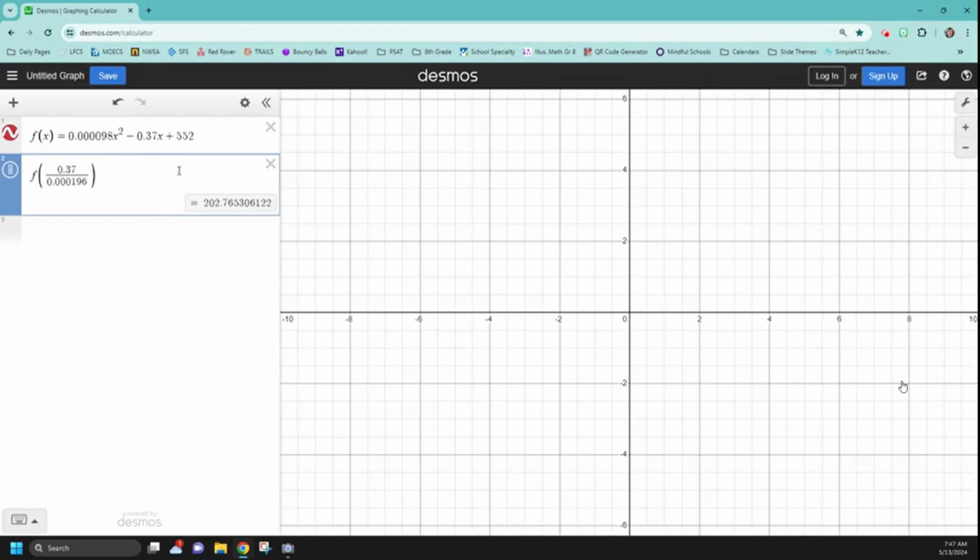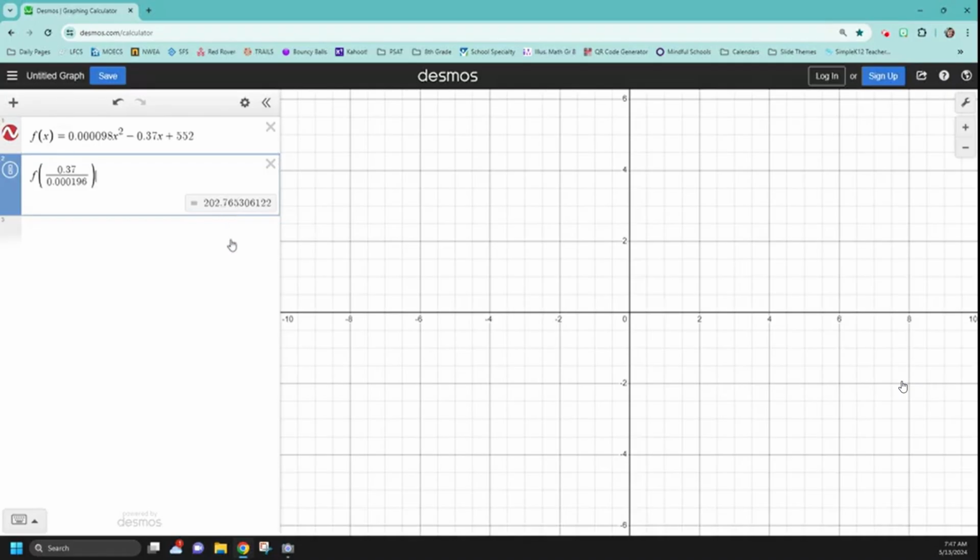So now you're going to notice down here, it's calculating that minimum value for me. So it's like 202.7 something, something, something, something. I'm going to jot that in my notebook. 202.7, and then there's more. Because we're looking for the approximate feet for this.